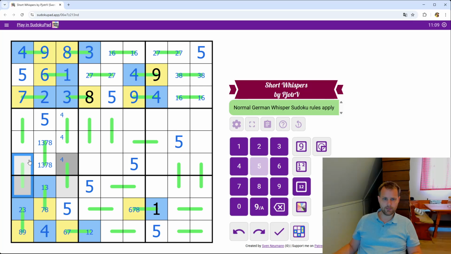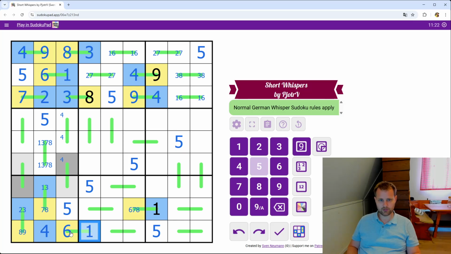But then, well, no, let's take a look at the 6 in this column. Can the 6 be in one of those or one of those? No, because the 1 is in here. So the 6 must be in here. That's a 1. And the 6 must be in one of those.